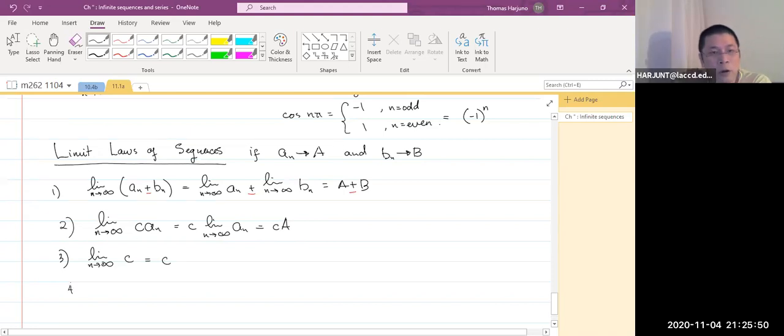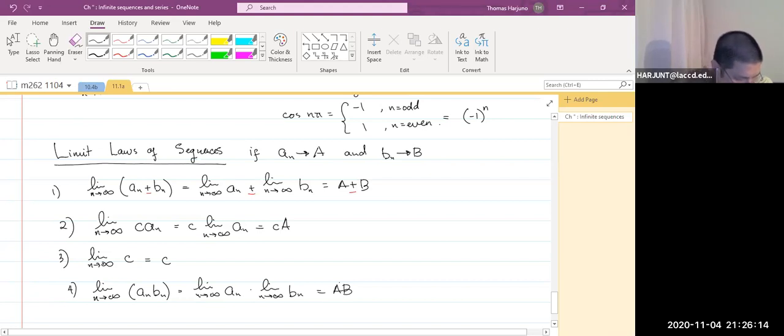Now, the limit of a product of sequences equals the product of limits of the sequences. And the quotient is also true.